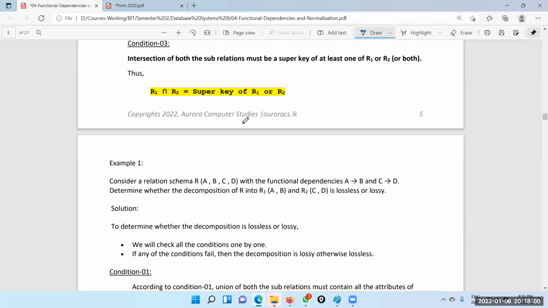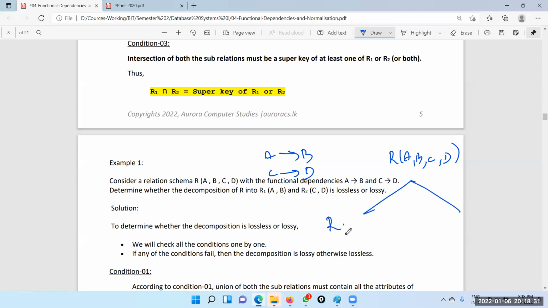Consider the relation schema R, which has four attributes A, B, C, D. With the functional dependencies, A determines B and C determines D. Determine whether the decomposition of R into R1, which has A and B, and R2, which has C and D, is lossless.